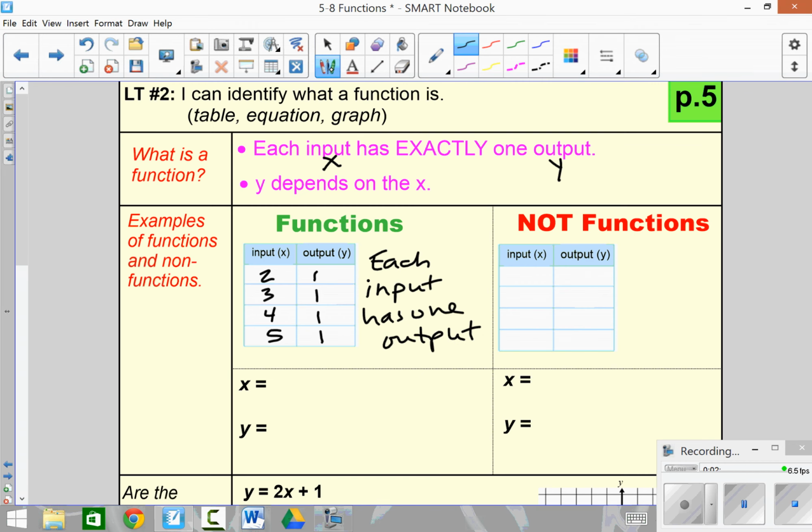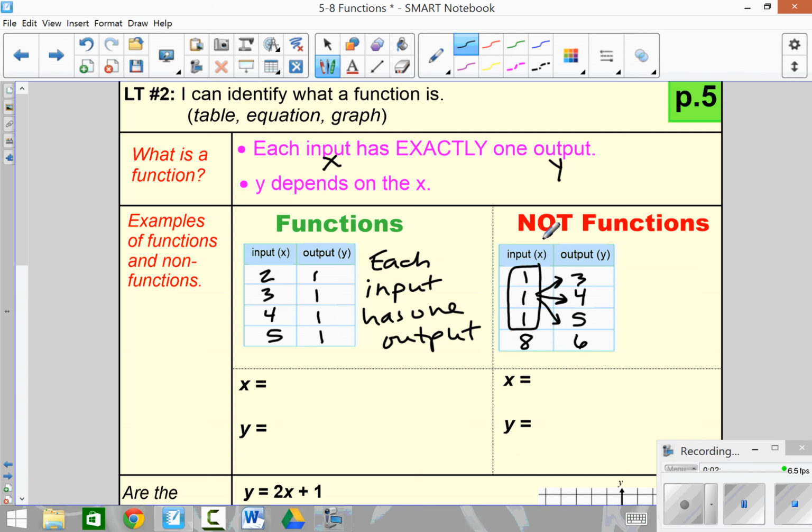For not a function, let's say I had 3 inputs and they're all 1s, and then my last one was an 8. And the outputs were 3, 4, 5, 6. Well, this is not a function because these 3 inputs are all the same input, and they have separate outputs.